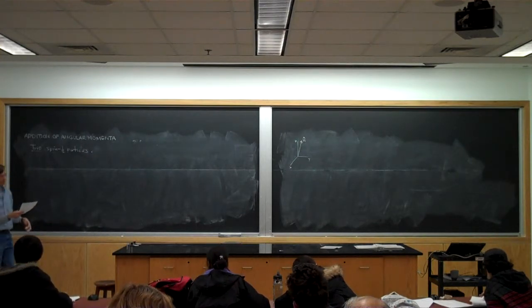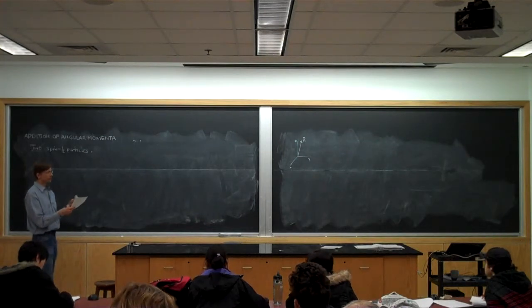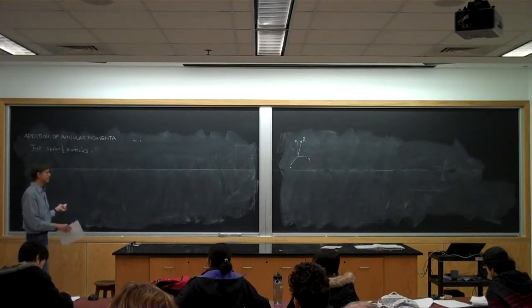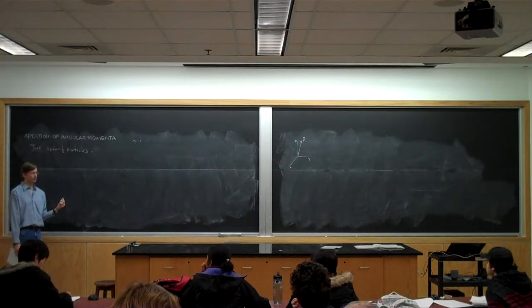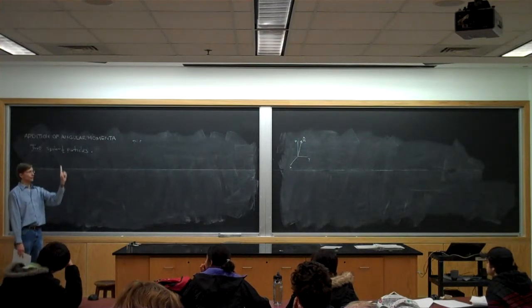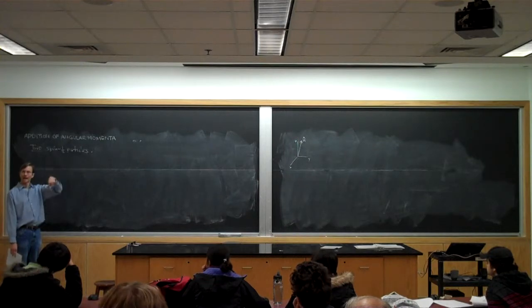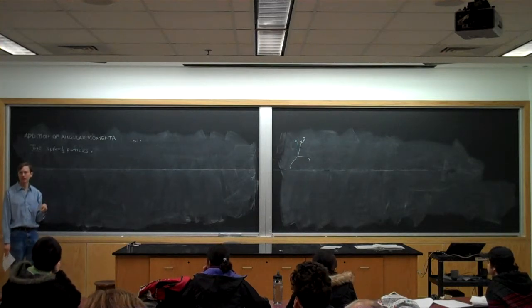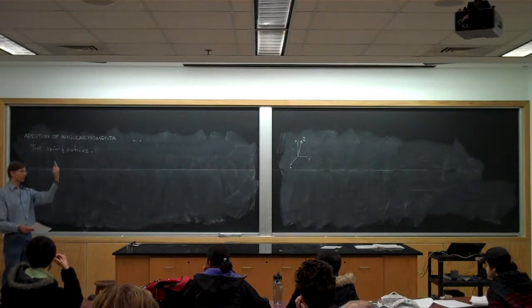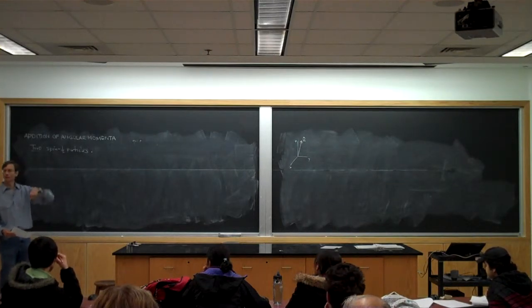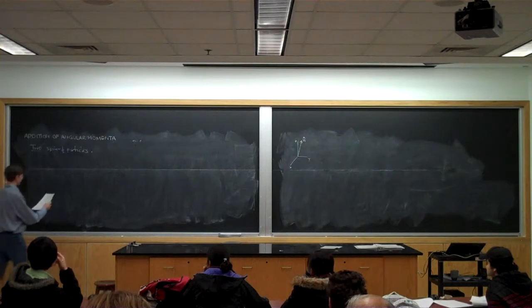In the notes that I posted, I'm calling them pluses and minuses, but I'm going to use a very common notation, one used in your book as well, which is more pictorial, where you put an up arrow to represent spin up and a down arrow to represent spin down. So in my notes there's a plus, where I'm going to put an upwards pointing arrow, and a minus, where I'm going to put a downwards pointing arrow.